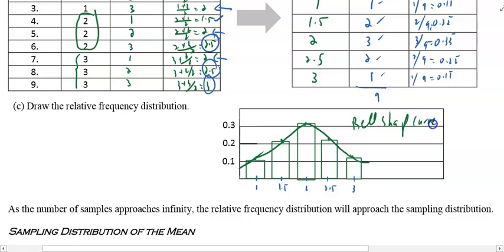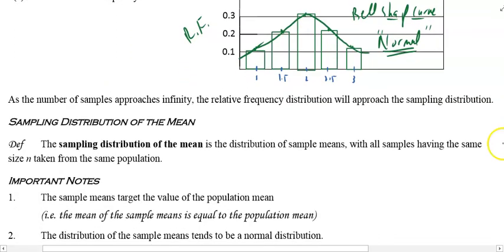If it's a bell-shaped curve, then that is a normal distribution, not standard normal, right? And this is, of course, the relative frequency. So the deal here is, as the number of samples approaches infinity, the relative frequency distribution will approach the normal distribution.